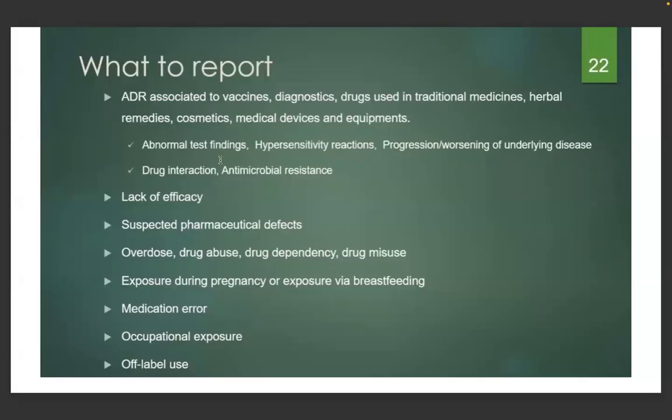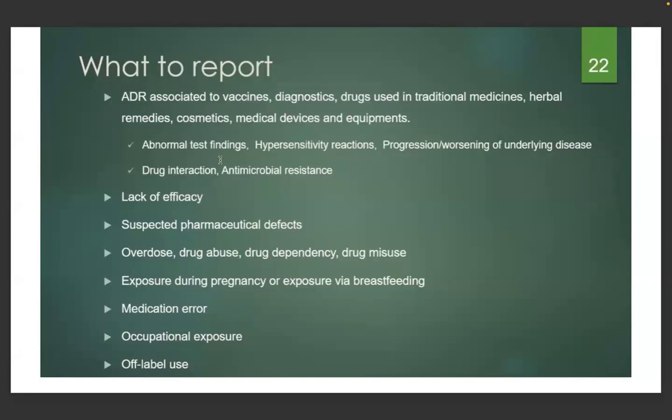And also lack of efficacy, meaning drugs that do not have any efficacy, suspected pharmaceutical defects, the defects that are due to a defect in the medications, and overdose, drug abuse, exposures, medication error, occupational exposure, off label.